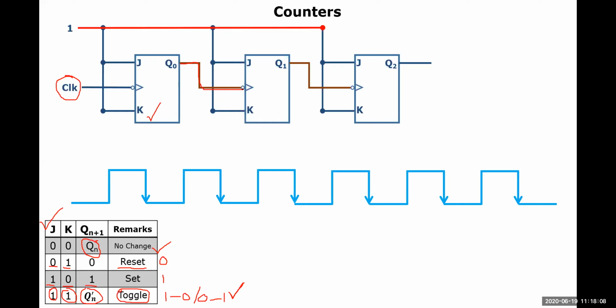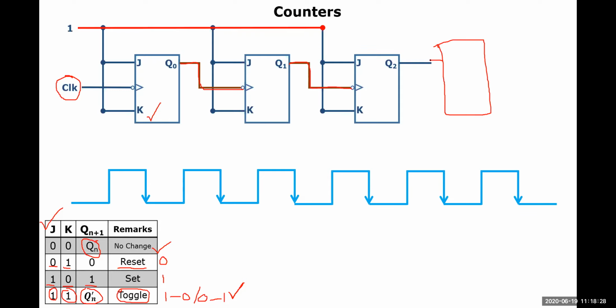Here you can see the output of the first flip-flop is submitted as the clock of the second flip-flop, and the second flip-flop output is submitted to the third flip-flop as a clock, and so on and so forth.